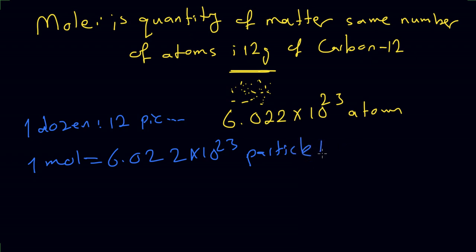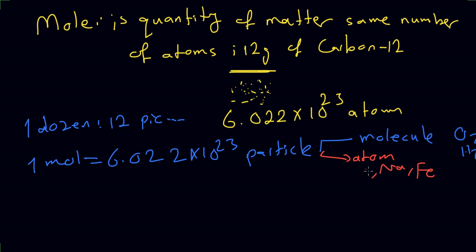Particles could be molecules like O2, like H2, since molecule is used for diatomic molecules. It could be atoms like Na, like Fe, like carbon. It could be ions in the solution.